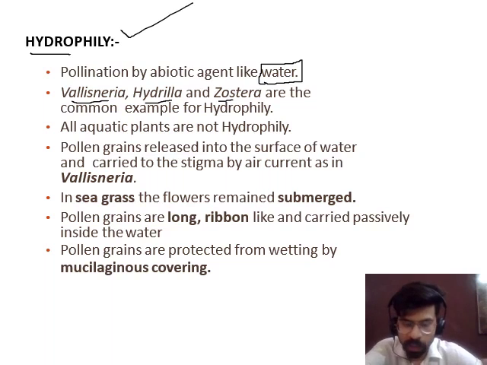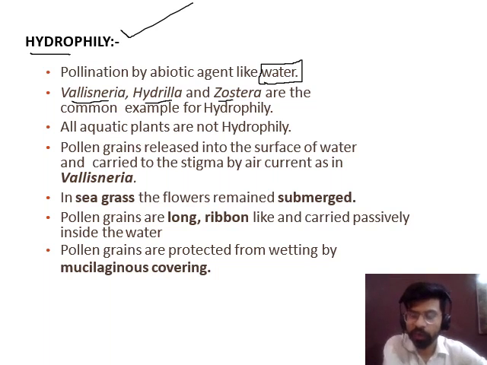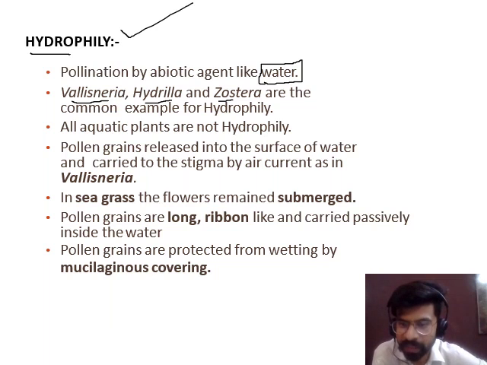Note down: water is used as a pollination agent in plants that are aquatic in nature. Aquatic plants are plants that live in water. So pollination by water will only take place in plants that are aquatic.